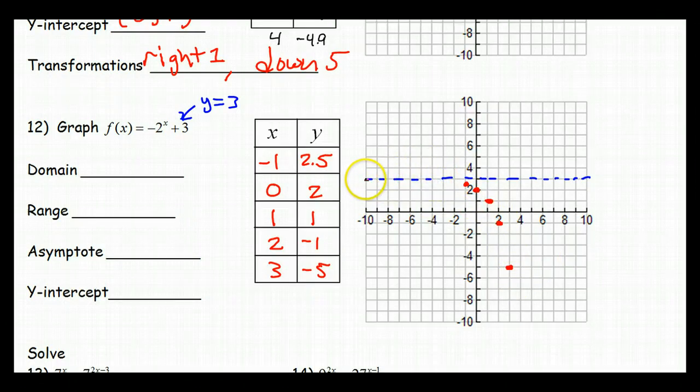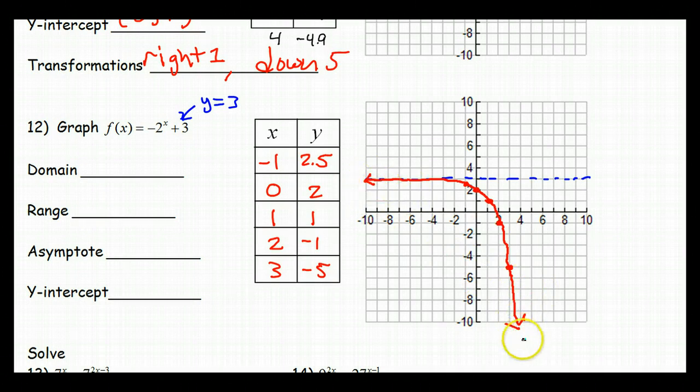By the time it gets to the end, it's going to appear to trace this asymptote, until it curves to hit these values. Okay, so your curve should look something like this.